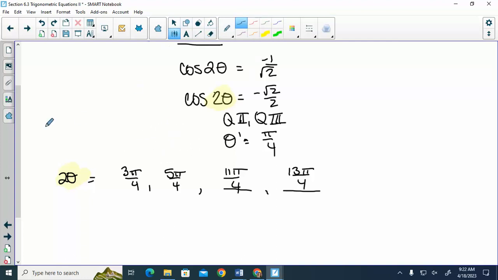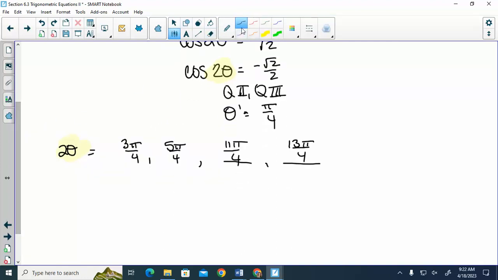Now, I want to know what theta is. So to get rid of the 2, we have to divide by 2. That means you are going to divide every one of those by 2, or multiply by 1/2.